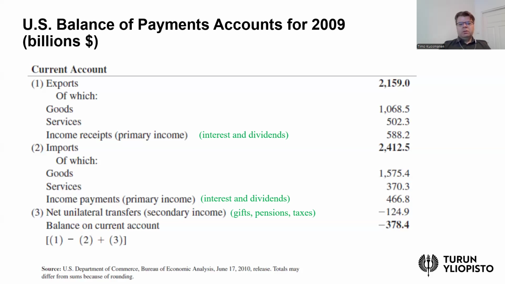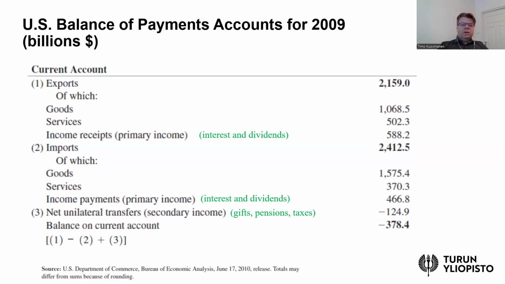Of course, we can distinguish between goods and services, like discussed earlier, and then there is also a third item called income receipts, and this relates to the primary income. So there are, for example, dividends and interest payments received by the U.S. investors from their foreign assets.